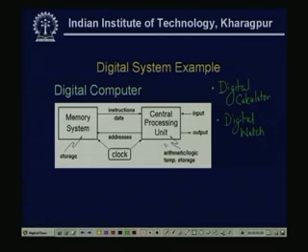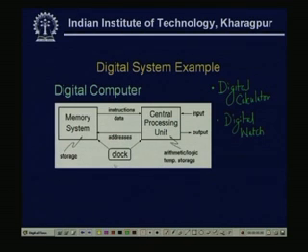Then how we can process this digitally, that means how my arithmetic, multiplication, addition, subtraction, division, exponentiation, and so on, can be computed and performed digitally. Similarly, from input I can generate digital outputs, and how we can store that in memory, whether it is a permanent storage or a temporary storage. All these things we are doing digitally, means only two values we are using, 0 and 1.